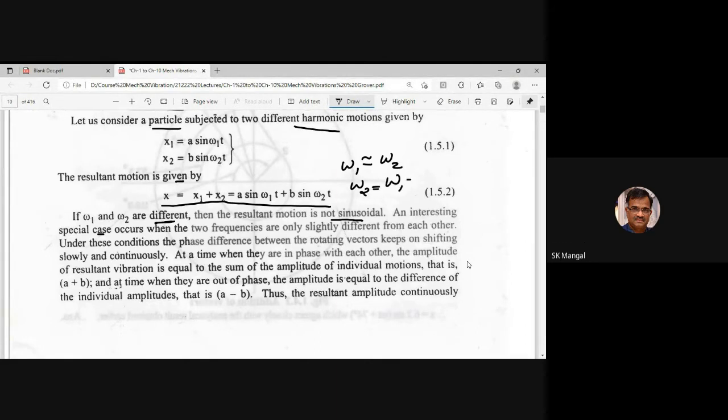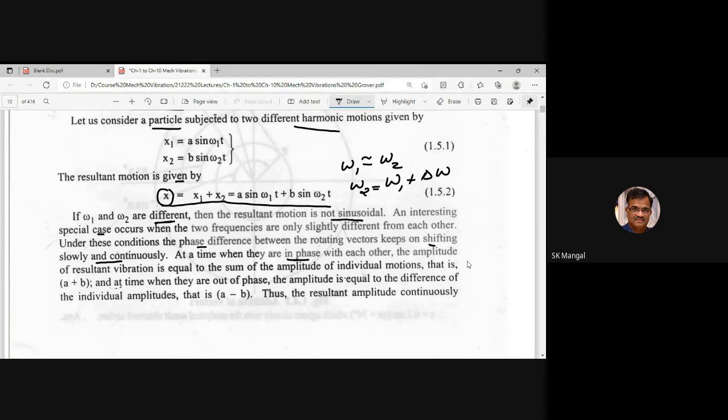in that case the phase difference between the rotating vectors will keep on shifting slowly and continuously. So you will get two specific times where the vectors are either in phase or out of phase.